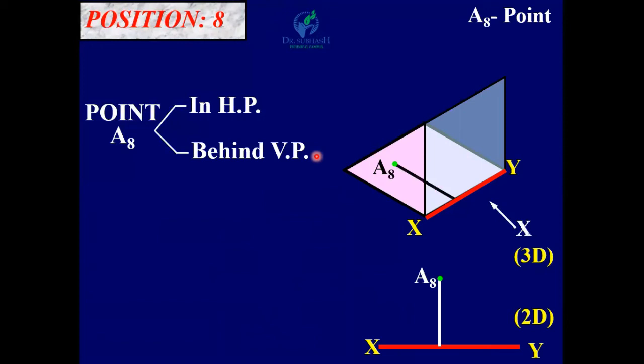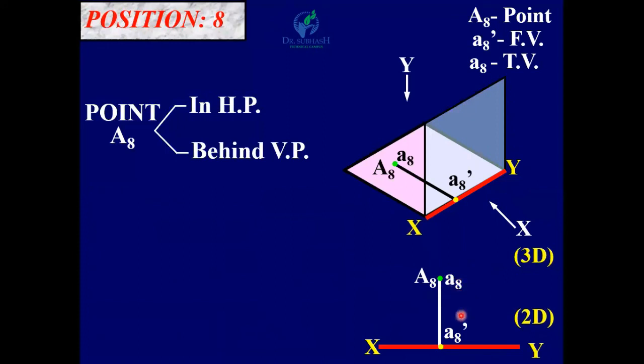Now front view is on XY line, A8 dash. And top view is here. Original point and top view are the same, A8.